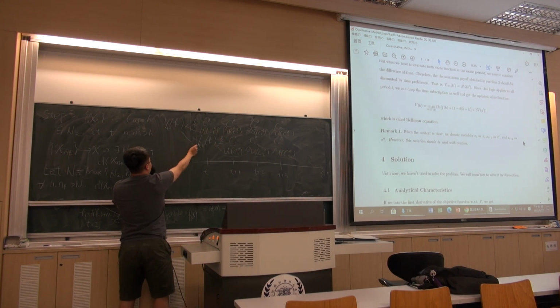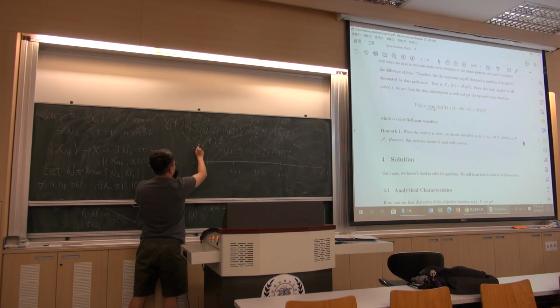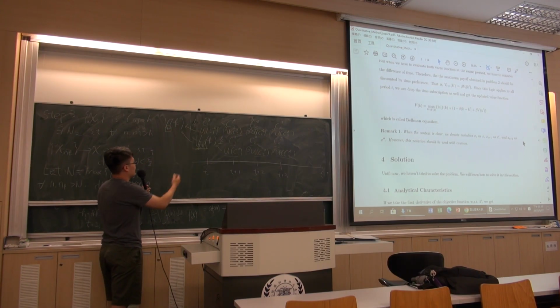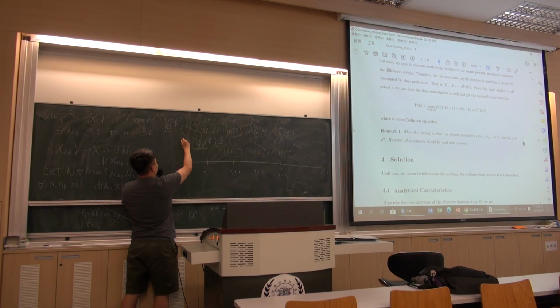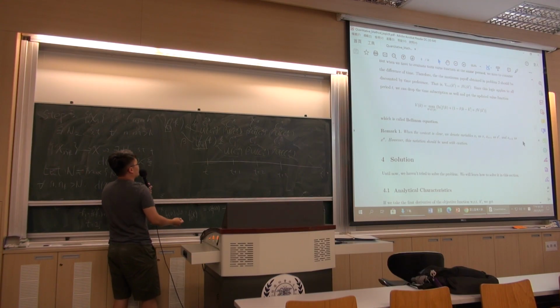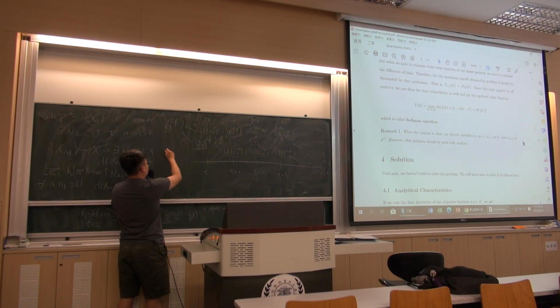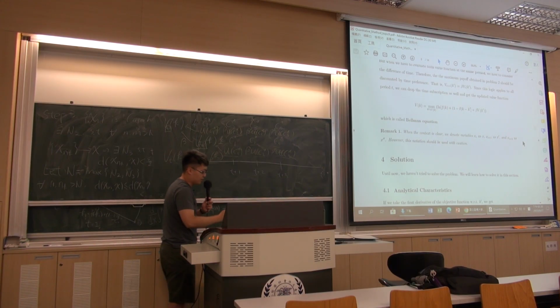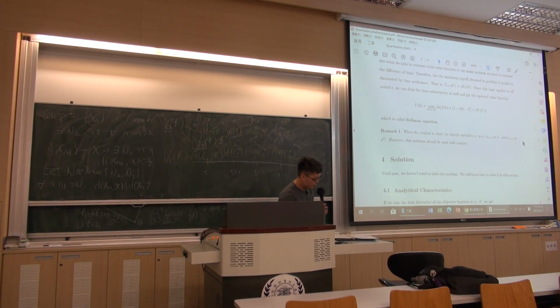But these two are not the same, because this one is valued at t plus 1, while that one is valued at period t. So there's a discount over here. That's why, in the end, I will write it this way, and that's how we write down the Bellman equations.